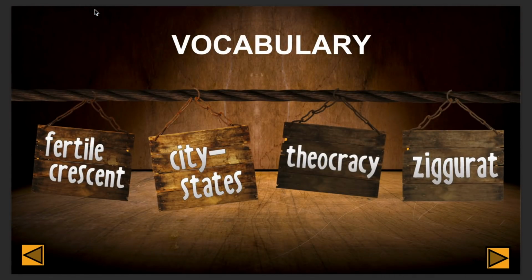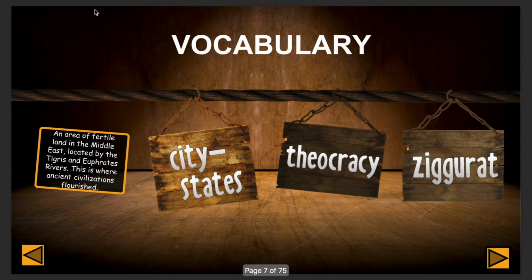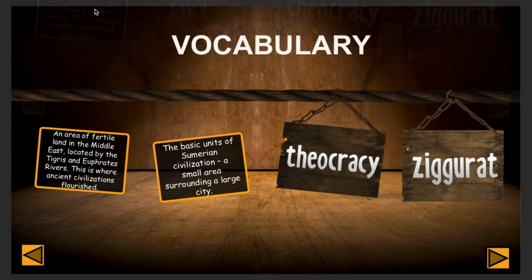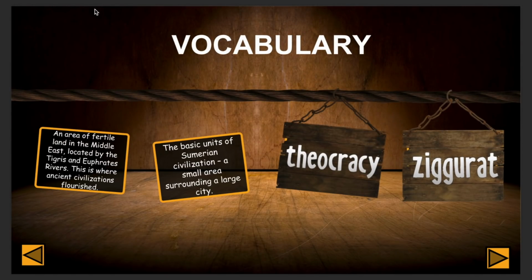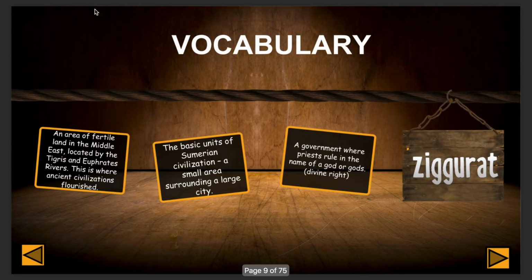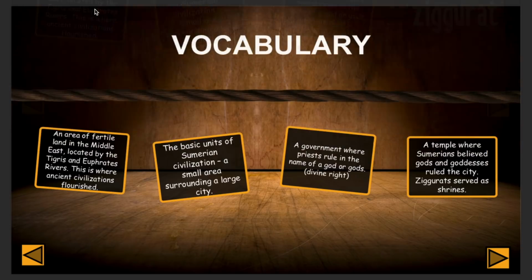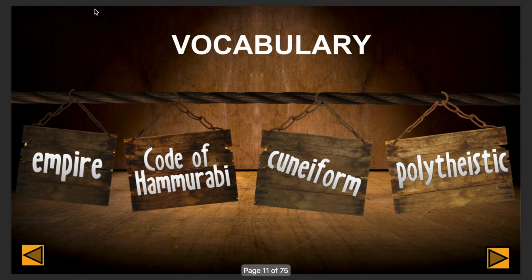Okay, now this is some vocabulary that you guys might have come across in your reading, some things you might know, you might not. If you need to review, just pause it so you can double check the vocabulary. So we've got Fertile Crescent, city-states, theocracy, and ziggurat. Now a couple others.